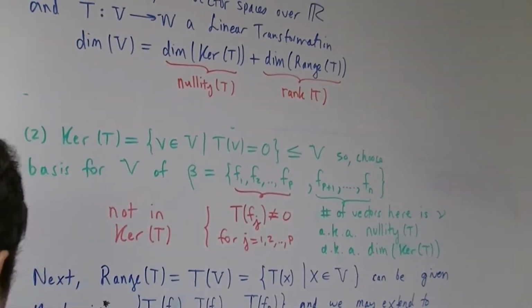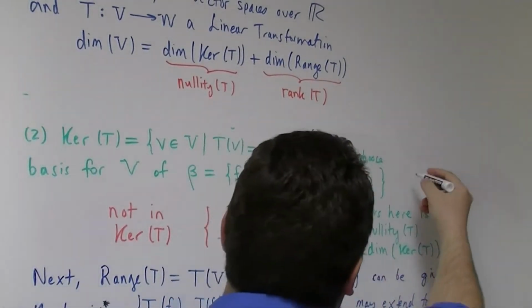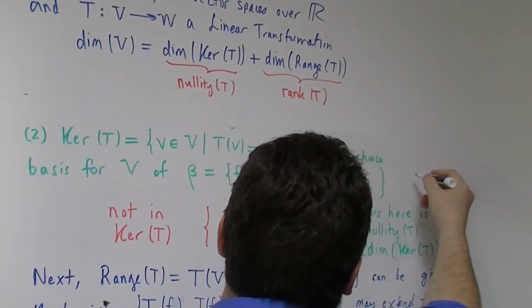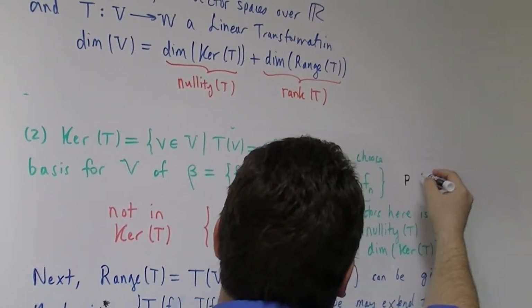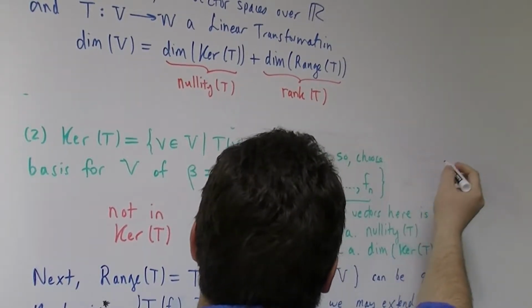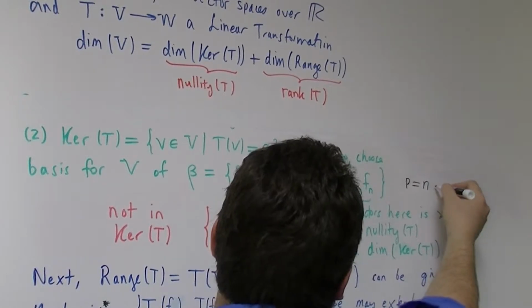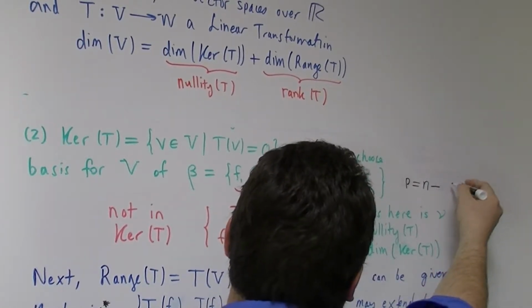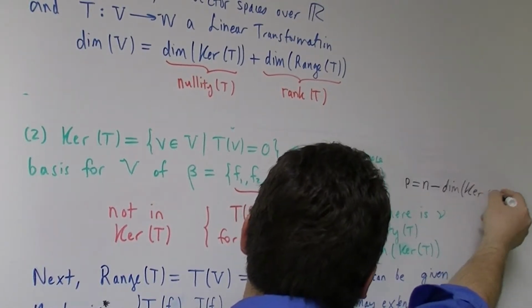So I suppose p is defined to be what? So basically, what's the counting here? I'm trying to think of how to say p in terms of what's given. p is equal to n minus the dimension of the kernel, I think.